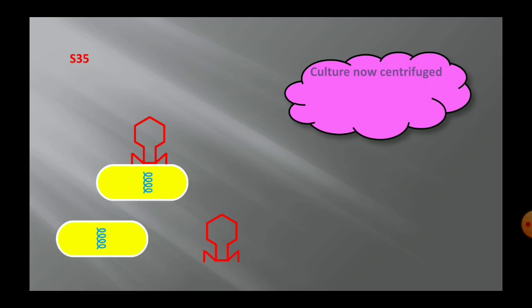In this experiment, what they observed is that the proteins are lighter and bacterial cells are heavier. So the protein coats are present in the supernatant, and radioactivity is detected in the supernatant, and no radioactivity is detected in the bacterial cells.